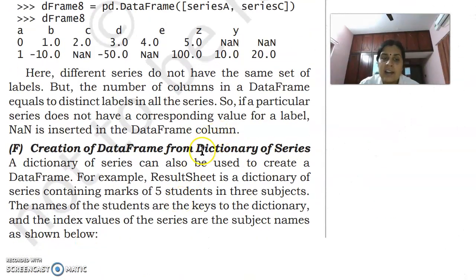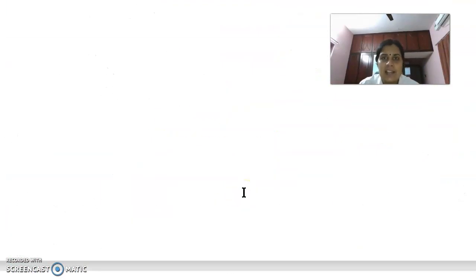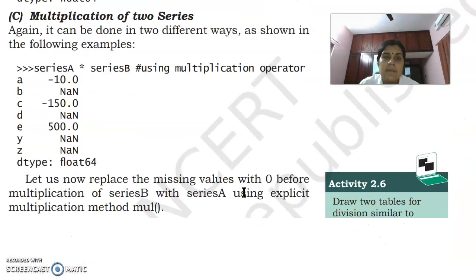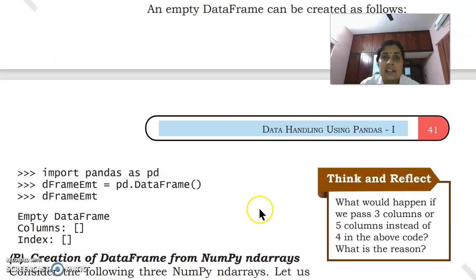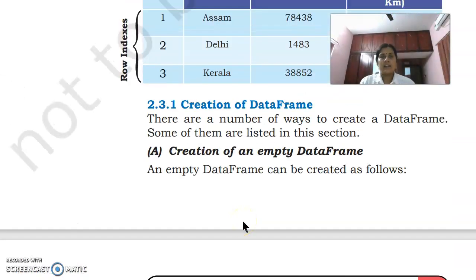Creation of data frame from dictionary of series. There are six methods. What are they? Can you remember? Creation of an empty data frame, then creation from array, list, next is dictionary, next is series, next is dictionary of series. So we can create data frame in many methods.